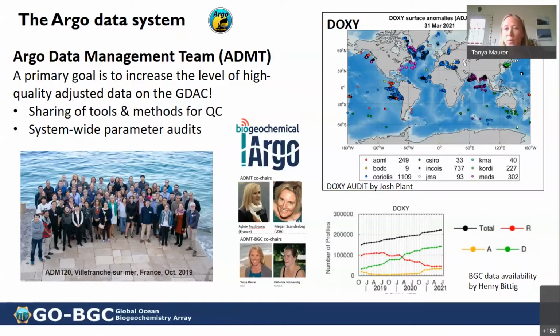I have an example here for the DOXY audit on the right that was developed by Josh Plant, and implementation and adoption of that audit has significantly helped to increase the level of delayed mode data, as we see on the bottom right here, the green line surpassing that of the real-time data streams back in early 2020. And this is an image here of ADMT back in 2019.